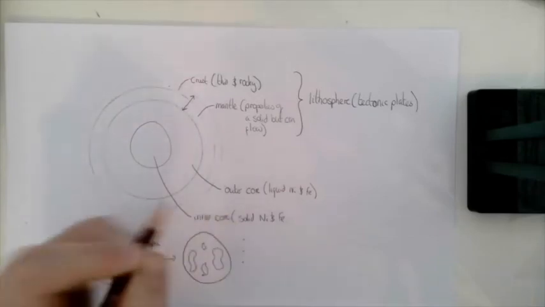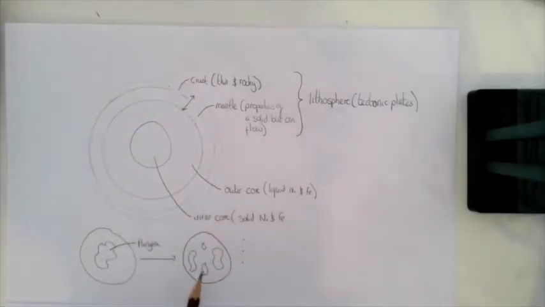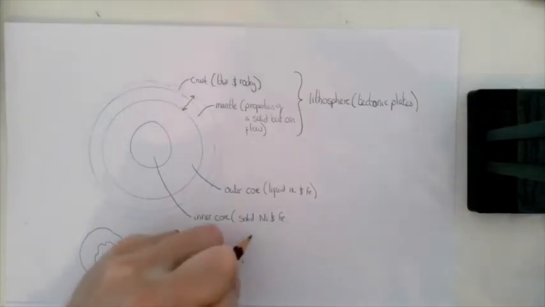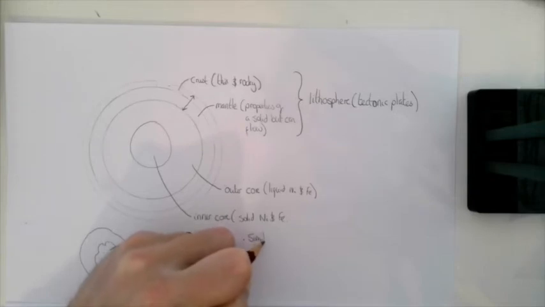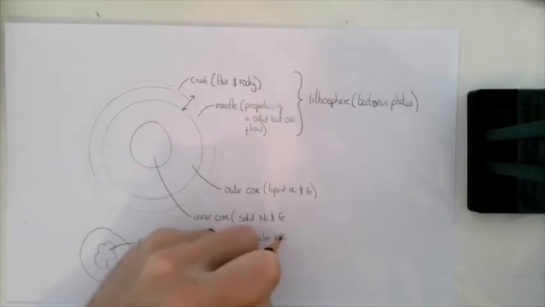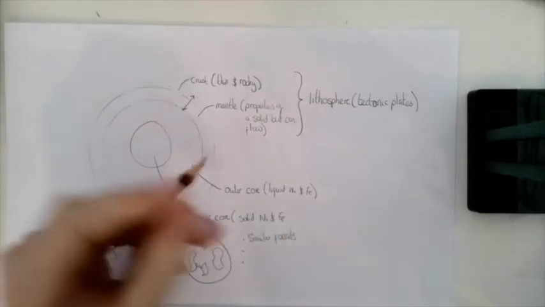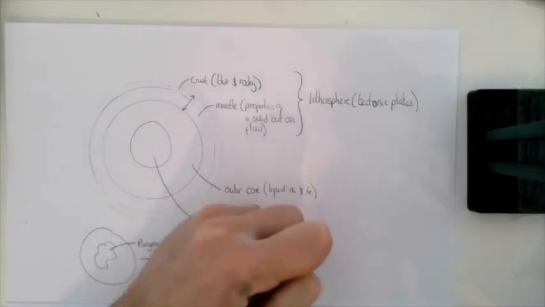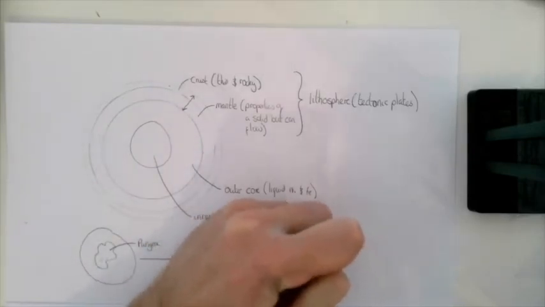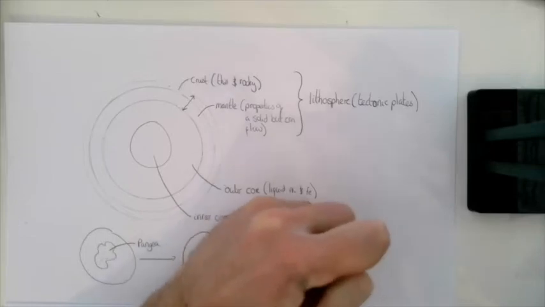One was that on the various continents where they were likely to fit together, so these two were likely to fit together here, there were similar fossils at the edges of the continents.